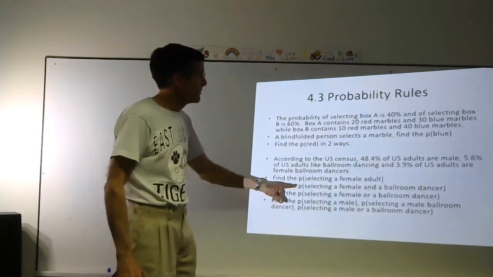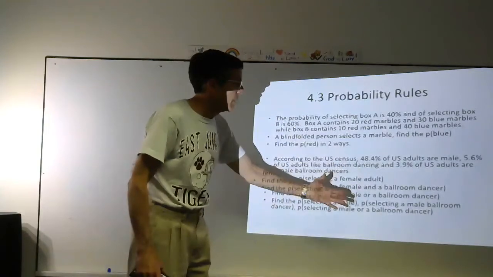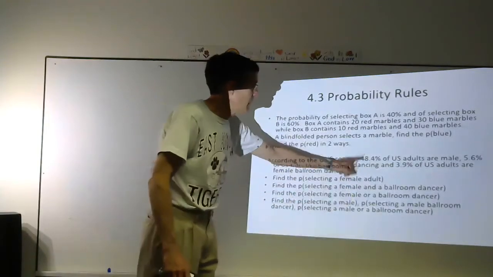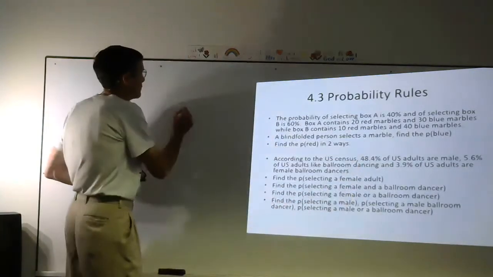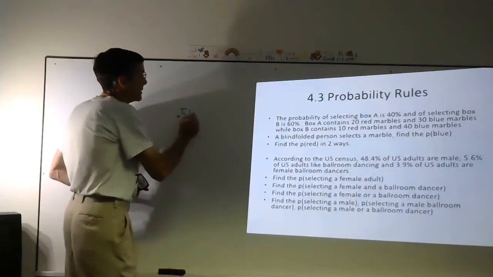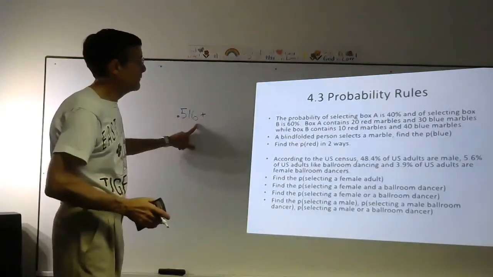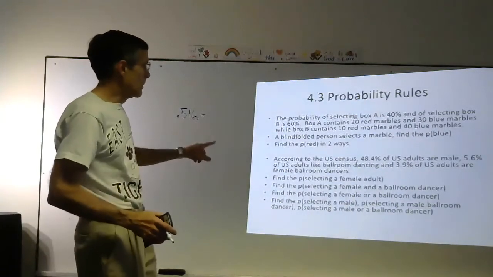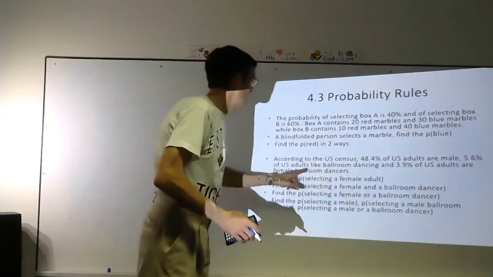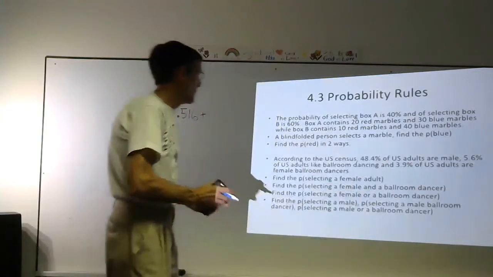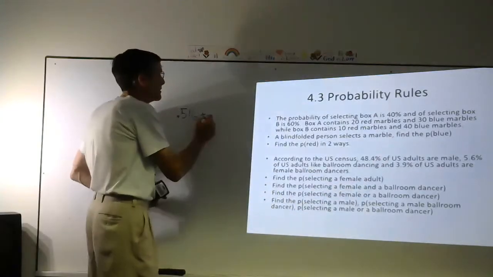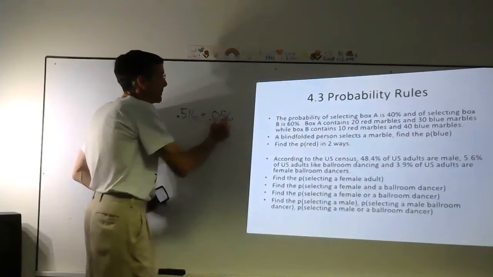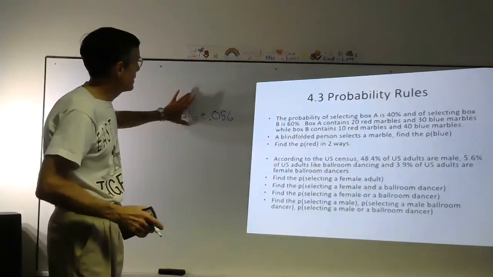Find the probability of selecting a female or a ballroom dancer. Well, the females, we said, were 51.6. There's the probability of getting a female. Or we want to get a ballroom dancer, which is 5.6, right?